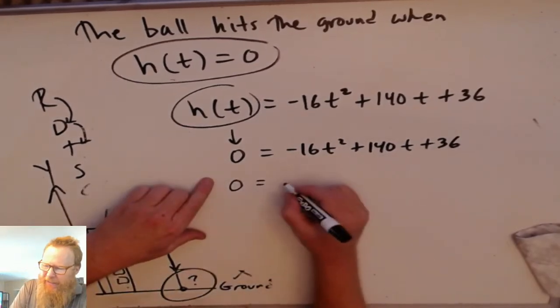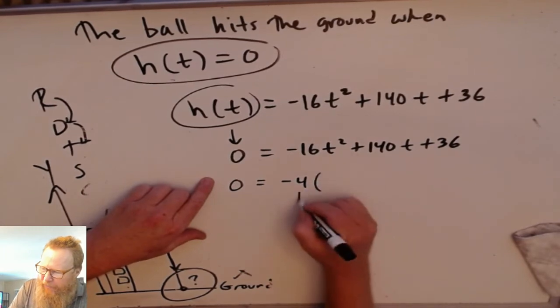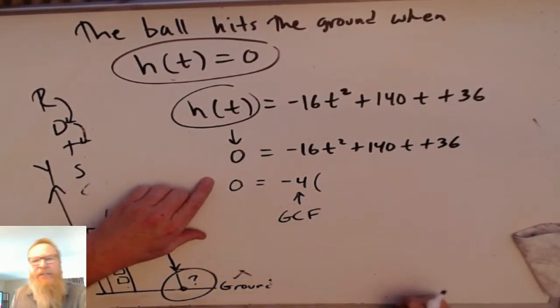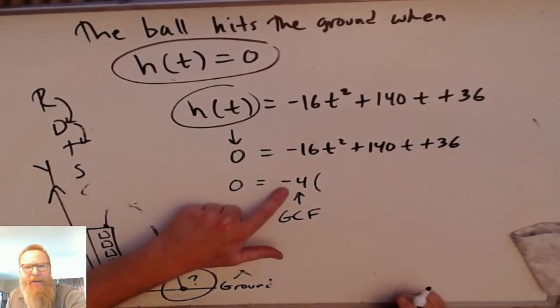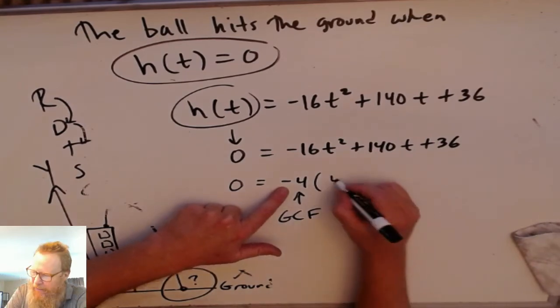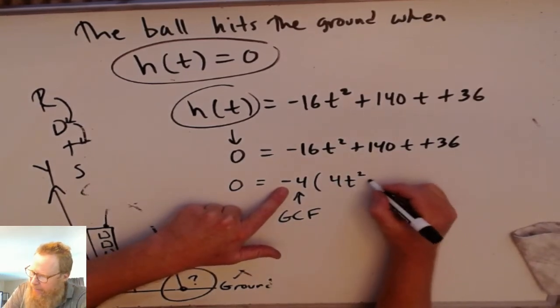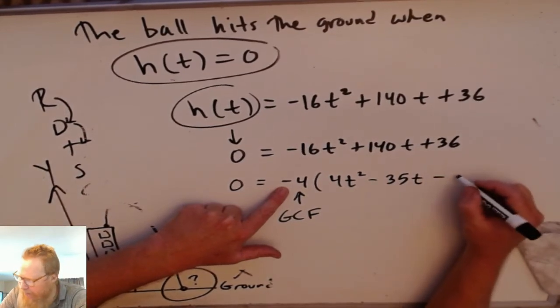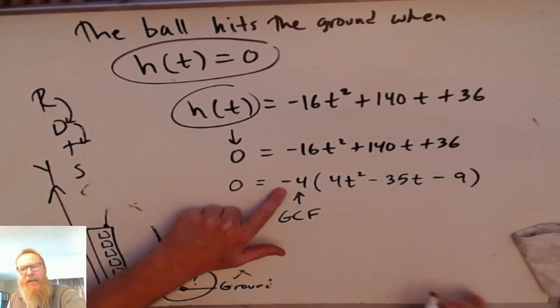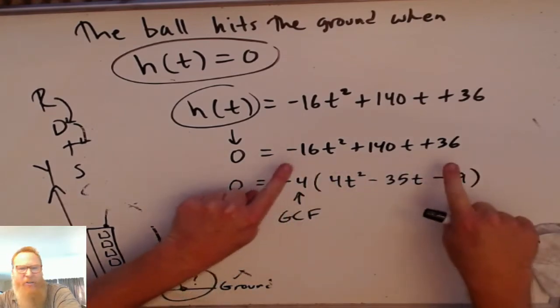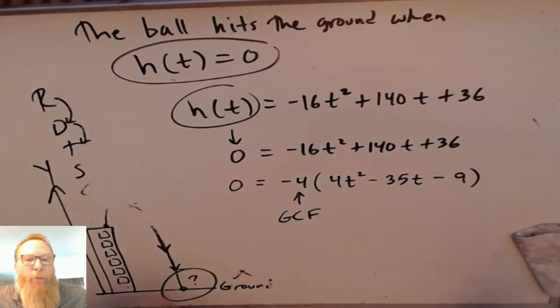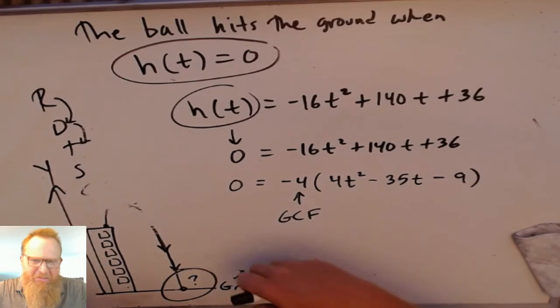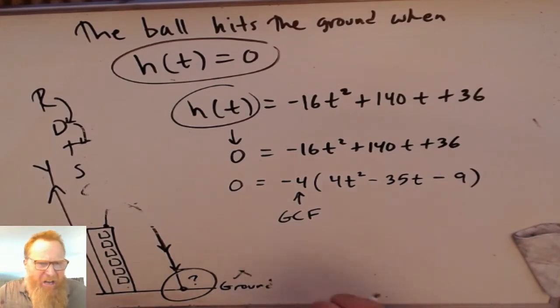So just to make things easier, try to pull out the greatest common factor, the GCF, and always take out the negative as well. This is really just a suggestion. It's not a law. You don't have to do this if you don't want to. You could just go right to solving this equation if you want. That's called the brute force method, a stubborn method, right? I'm just going to do it, I'm not taking your advice.